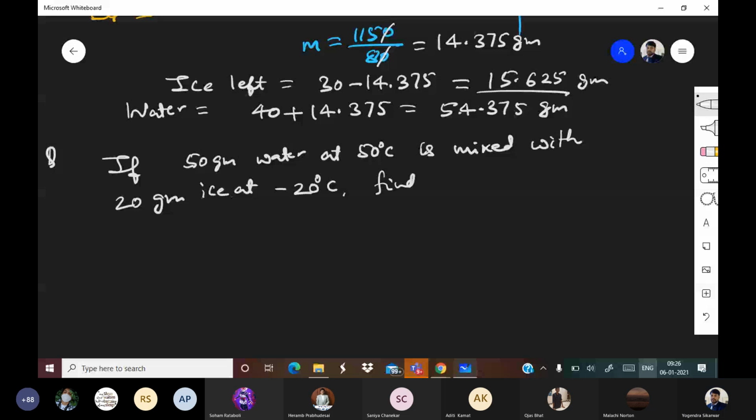Find final temperature and composition of mix.